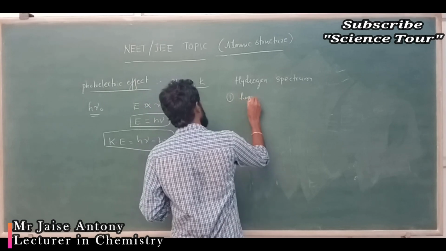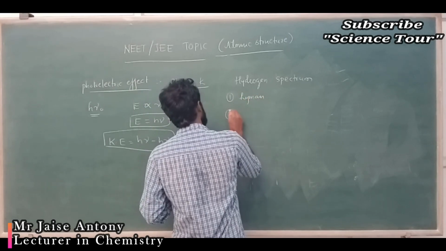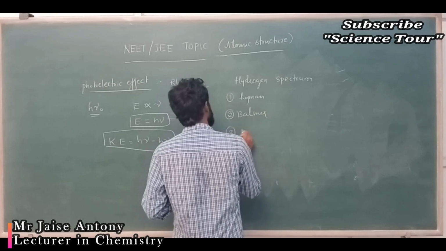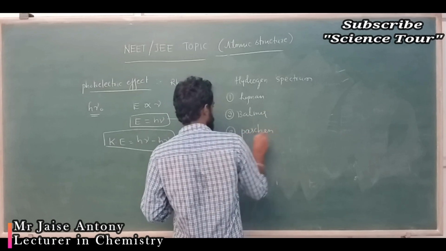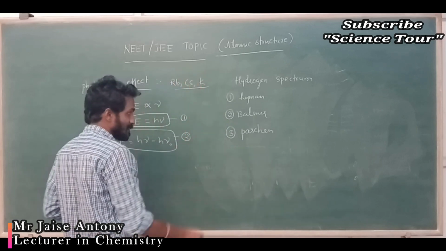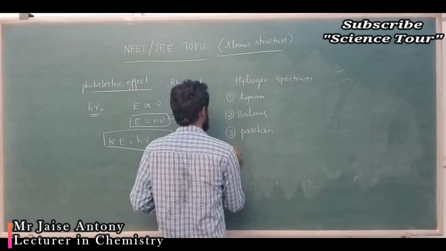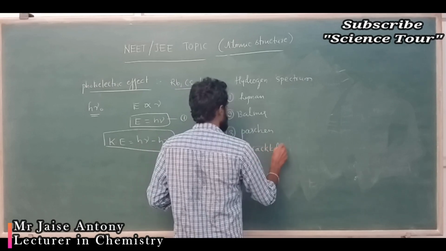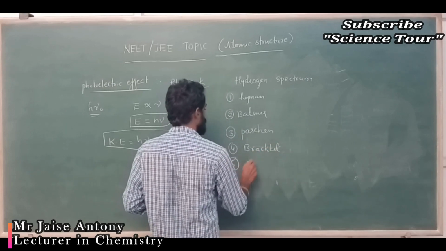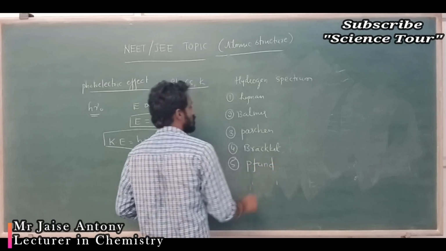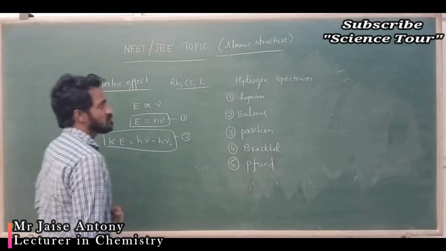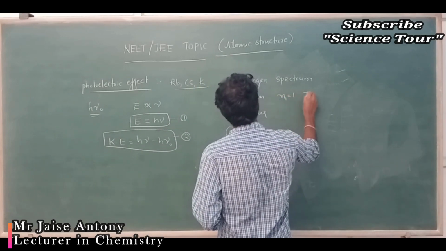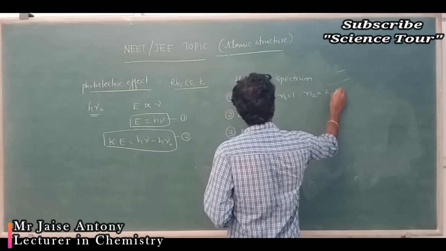Lyman series, Balmer, Paschen, Brackett, Pfund. So here, my dear students, for Lyman, n1 level is equal to 1, n2 level is the next higher energy level 2, 3, 4, 5 like that.